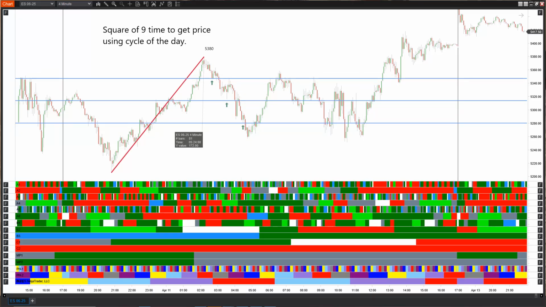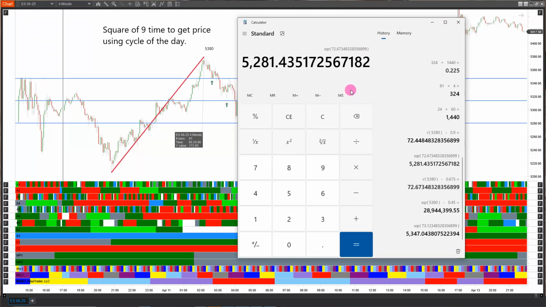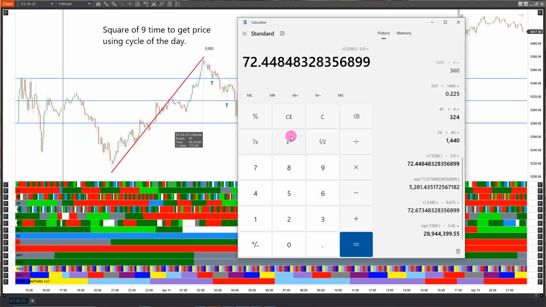And let's do the last one, which was the 0.9. So we'll go with the 5380 high again. Square root that minus the 0.9 equals 72.44.